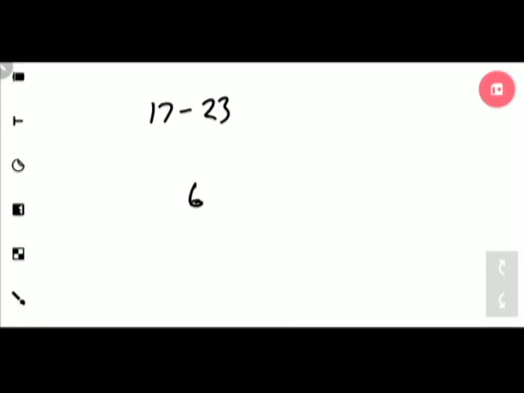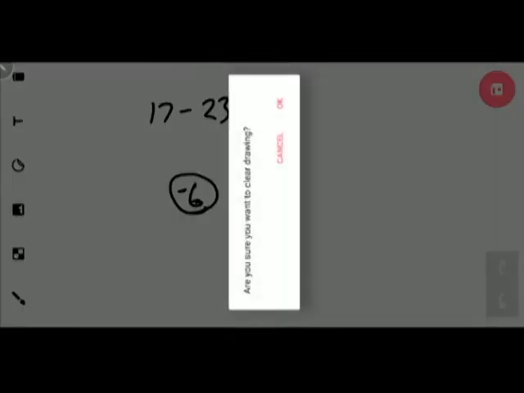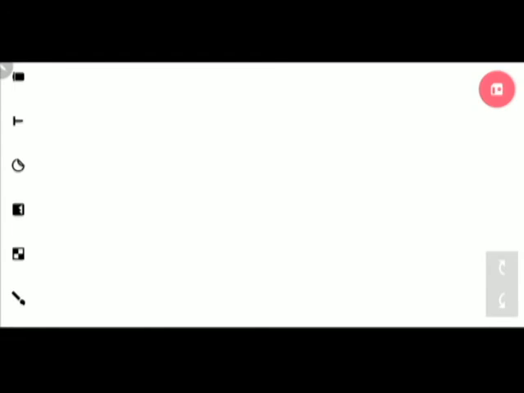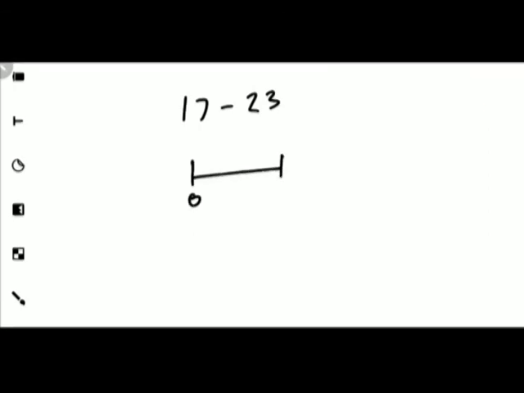If you're running into a problem like that, where you're getting the answer right but you're not putting the right sign in place, then this number line concept will help. You'll take this 17 minus 23 and put it on your number line. 0, 17.